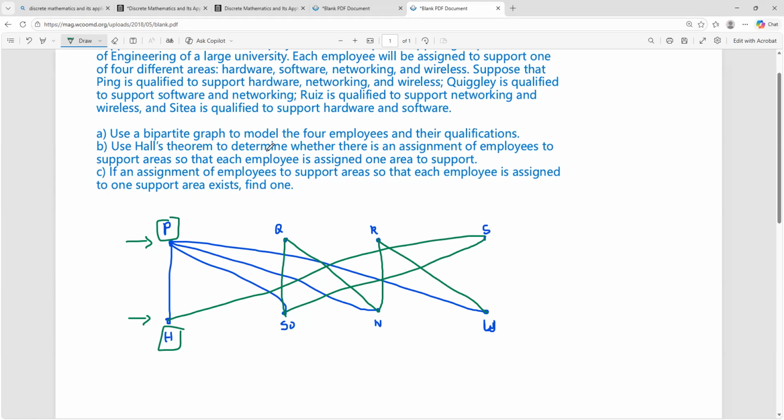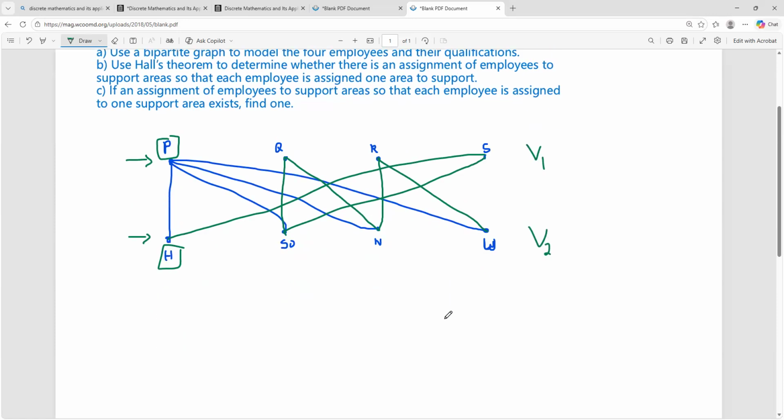But the idea of a maximum matching is that if the maximum matching is equal to, say, the set, so say this is V1 and V2, and say M is our maximum matching. If the maximum matching is equal to the size of V1, which is hopefully equal to the size of V2, then this is a complete matching.